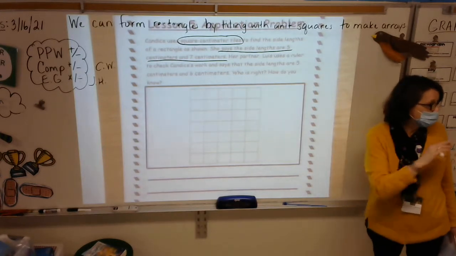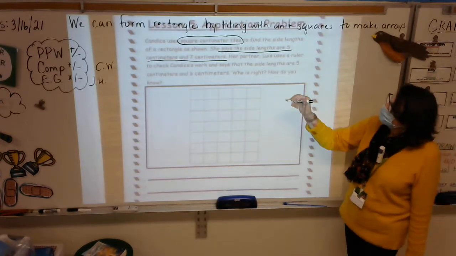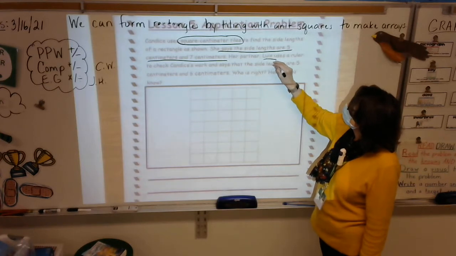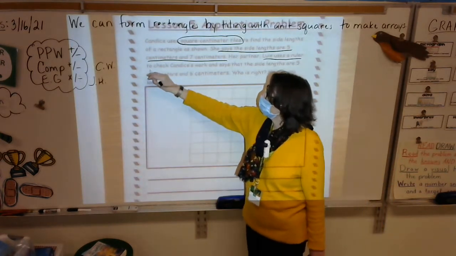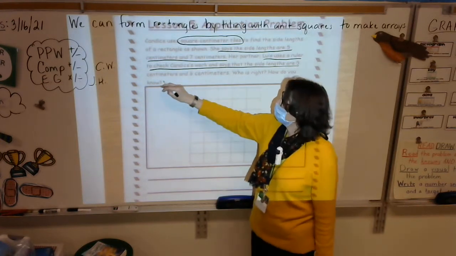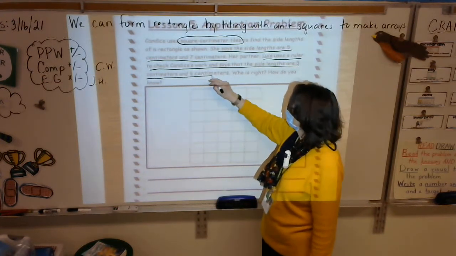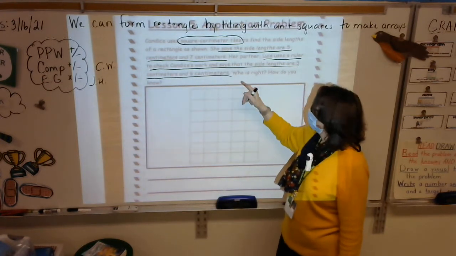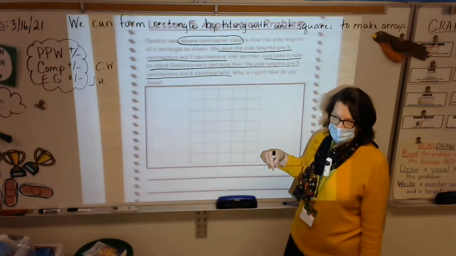Now she's working with a partner. Her partner, Lewis, uses a ruler to check Candace's work and says that the side lengths are 5 centimeters and 6 centimeters. Who is right? How do you know?